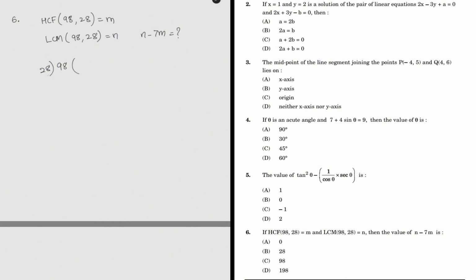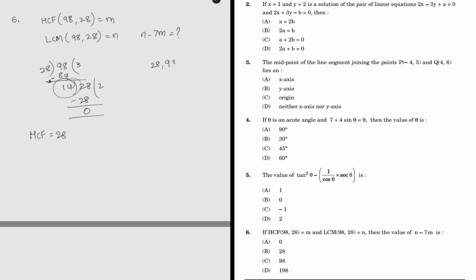So 28 2 is 56, 28 3s, 3 8s 24, 3 2s 6, 6 plus 2 is 84. So which means 14. 14 2 is 28. Okay, therefore 14 divides both 28 and 98, so this will be the highest common factor.